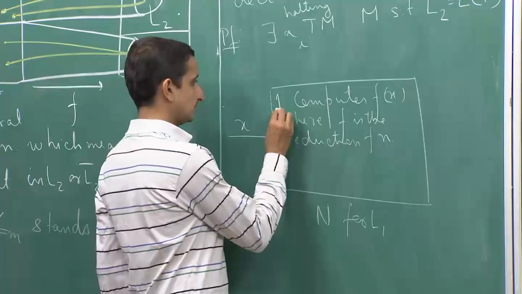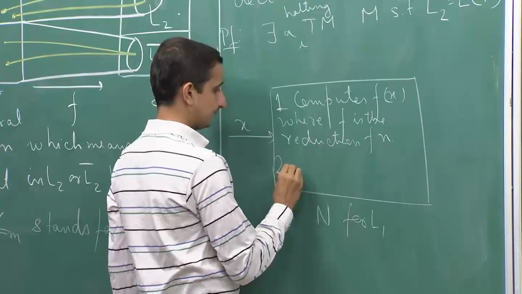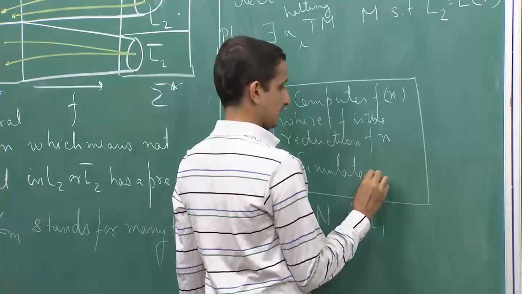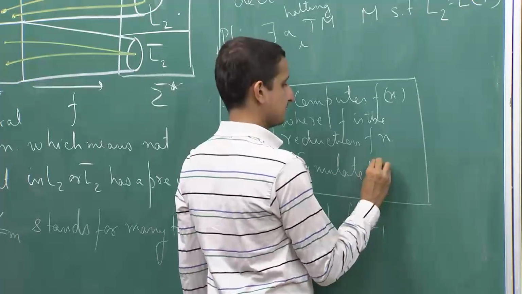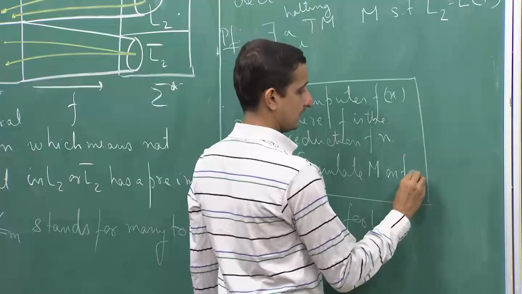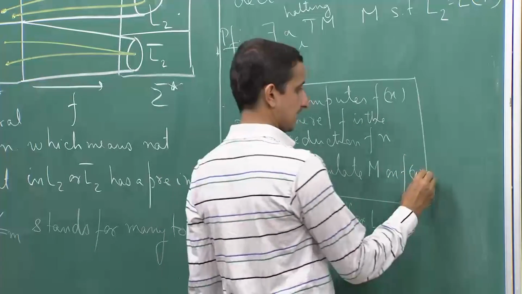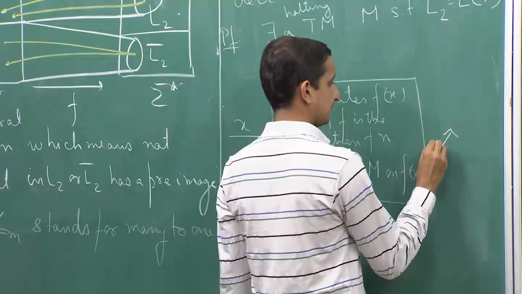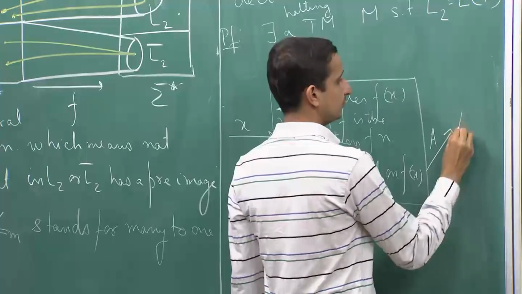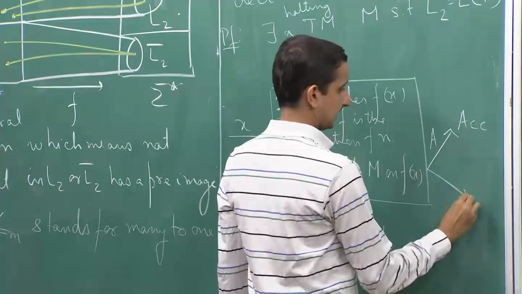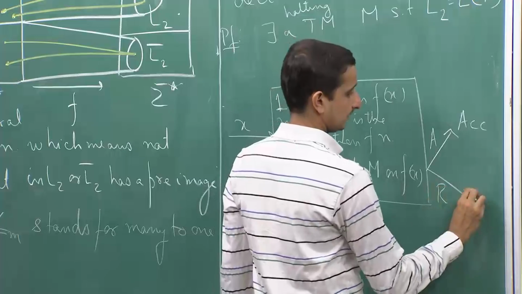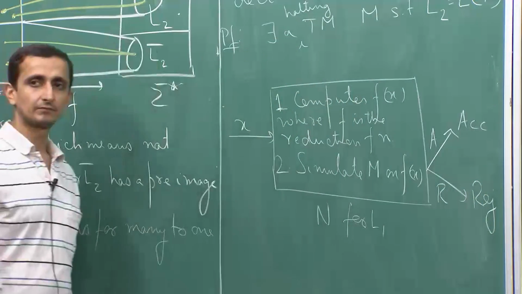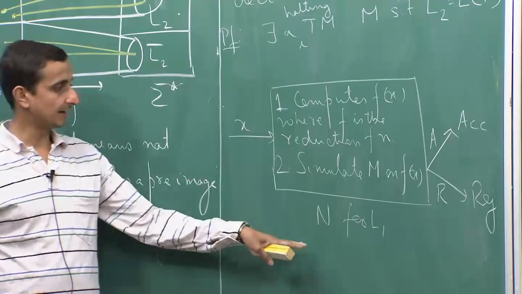So this is step 1. In step 2, you simulate M on f of x. If M accepts, then you accept, and if M rejects, then you reject.